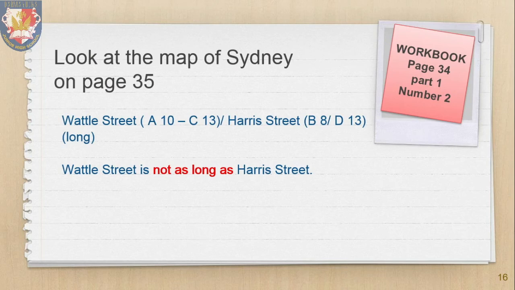Now, look at the map of Sydney on page 35. Let's compare between Waddell Street and Harry Street. We can simply say Waddell Street is not as long as Harry Street.